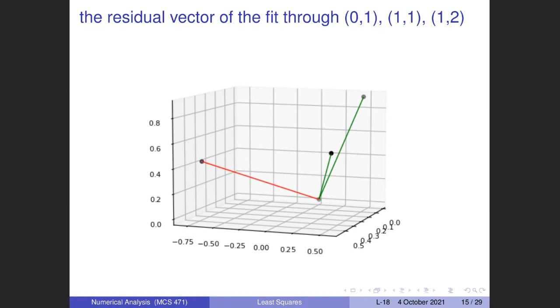But what is interesting to look at is the residual vector. So the residual vector is drawn in red. So this is the red line segment. So you take the solution, you multiply the solution with the matrix A. First column is 1, 1.